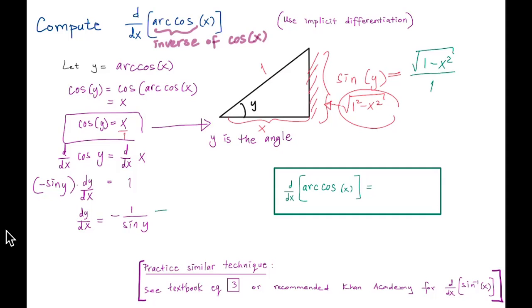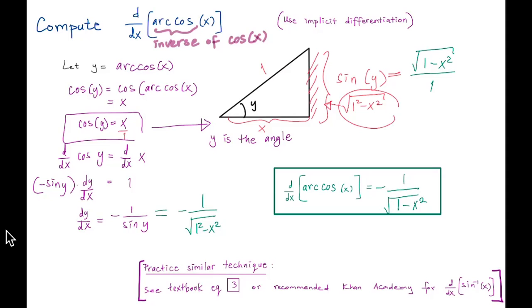And so here I have negative 1 over square root of 1 minus x squared. And so we are done. The derivative of arc cosine of x is negative 1 over square root of 1 minus x squared.